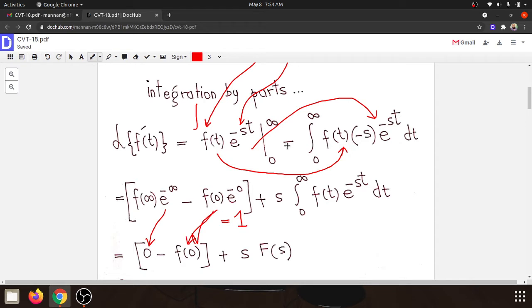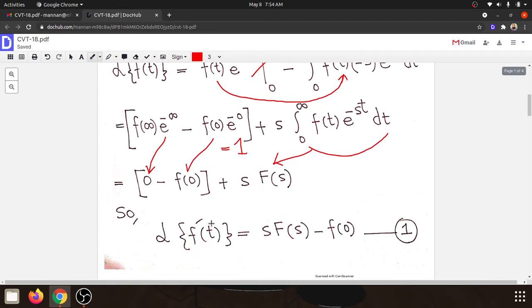And for this second integral, minus into minus becomes plus. S is taken out of the integral because it is not a function of t, and what we are left with is f of t times e to the minus st integrated, and we know this whole is F of s, the Laplace transform of f of t.